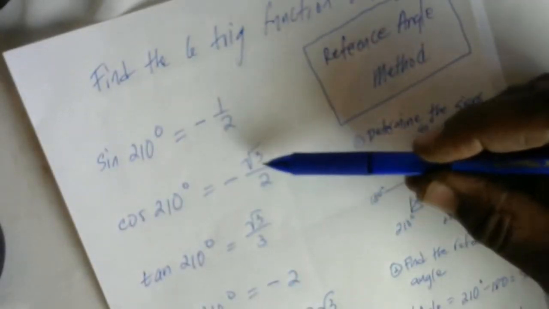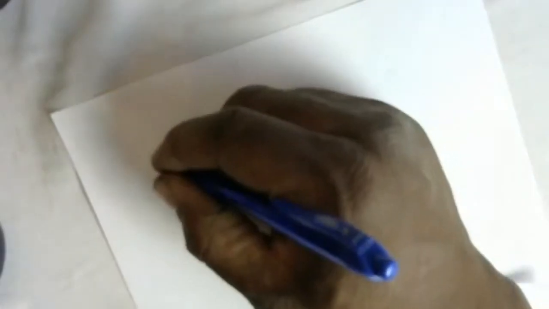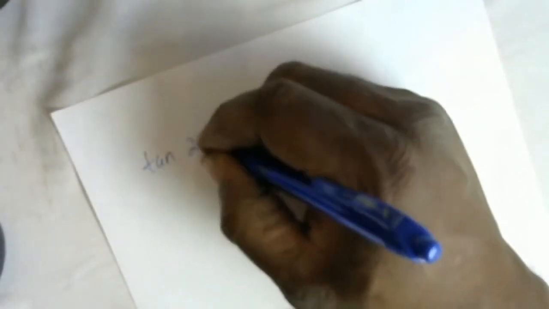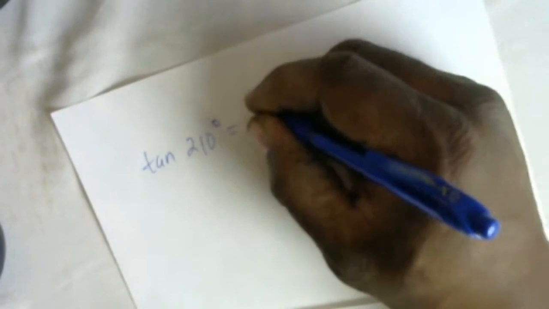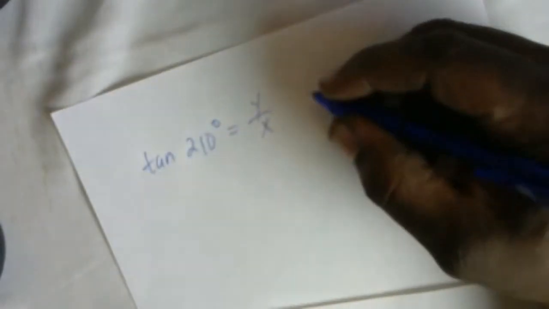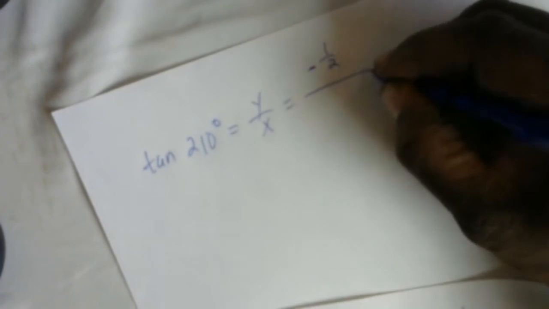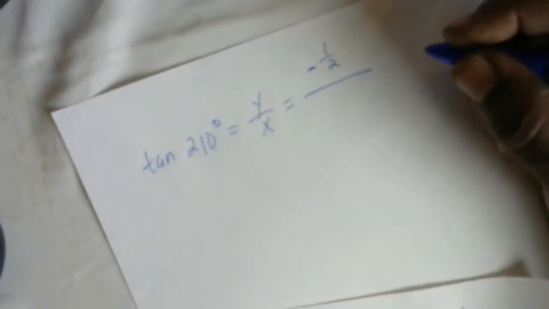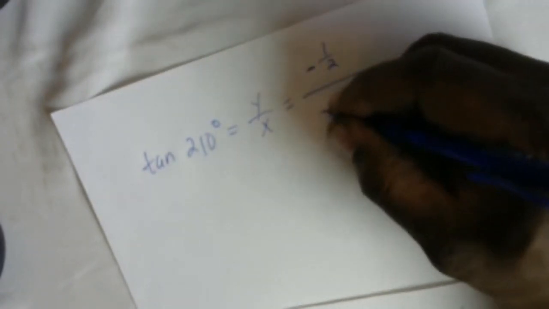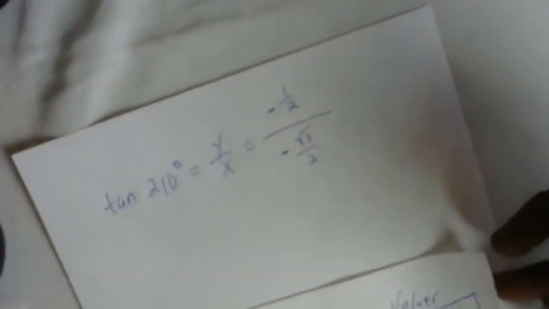So notice that the cosine was negative square root of 3/2 and the sine was -1/2. So if I wanted to find the tangent of 210 degrees, that's equal to y/x. I would simply take the y value, which is -1/2, and divide that by x, which is -√3/2.